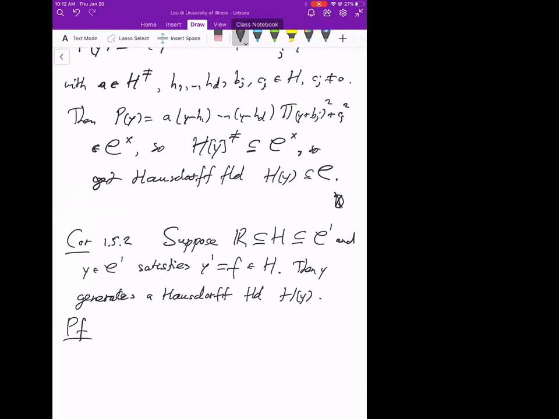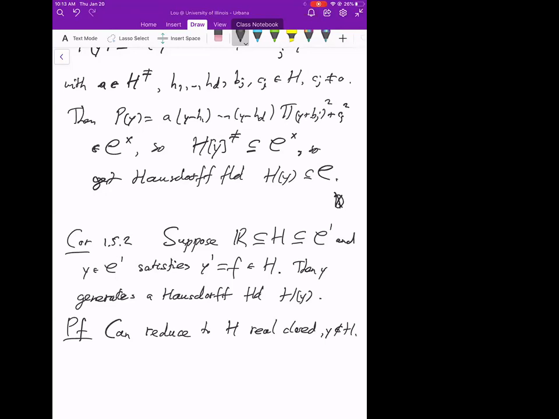Well, first of all, we can reduce to the case that H is real closed. Right, because otherwise you just pass to the real closure. And also that Y itself is not yet in H, because if it's already in H, then of course we are done.